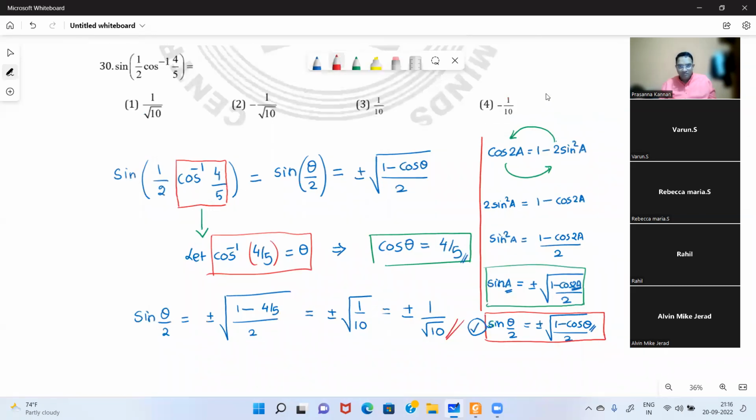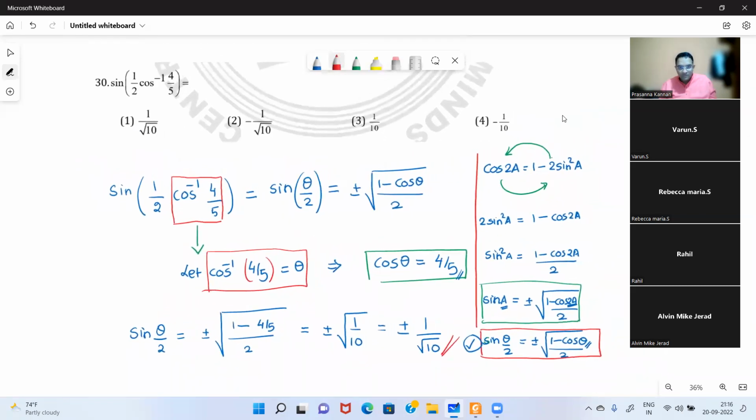So now, usually we take the acute angle. Usually we take theta by 2 to be positive or in the first quadrant. First quadrant means the value of sine function will be positive only.